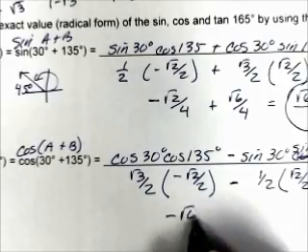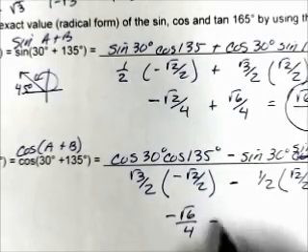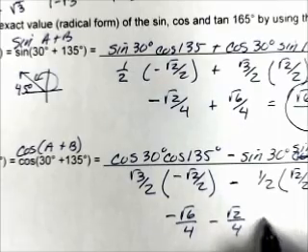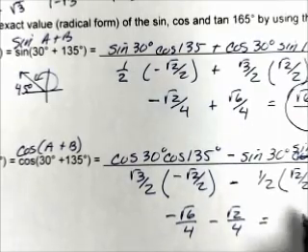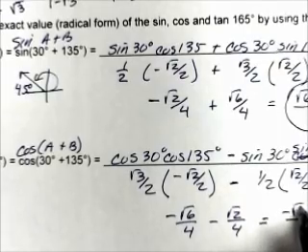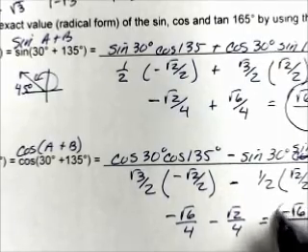This is negative square root of 6 over 4, minus the square root of 2 over 4, which is equal to, same denominator, negative square root of 6 minus the square root of 2 all over 4.